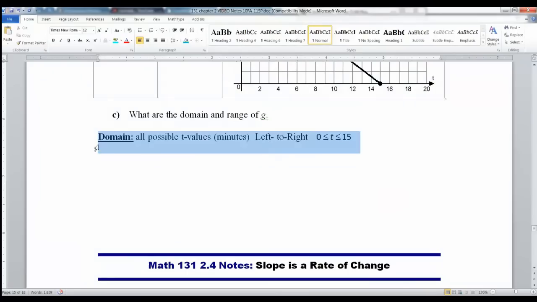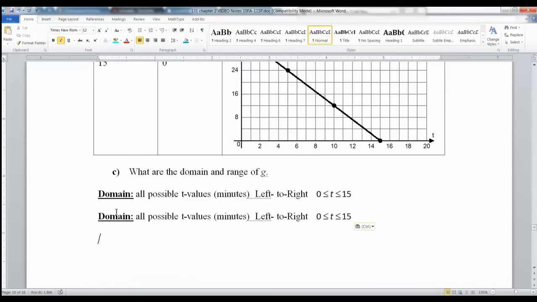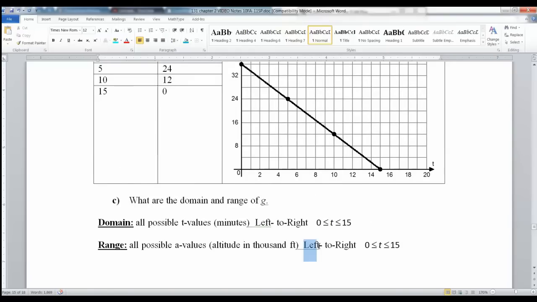The range is all the possible y values. In this case, A, altitude values, which was altitude in 1,000 feet. So that goes down to up.